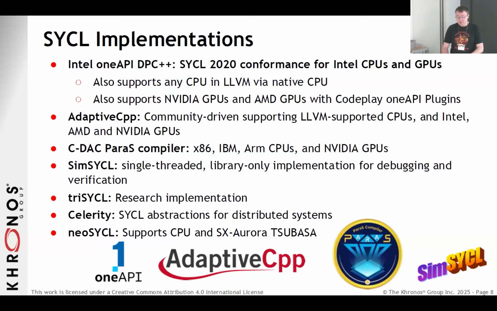It extends some of the abstractions to basically sit on top of an MPI cluster, so you can program GPUs that are distributed too. And then NeoSYCL supports some of the NEC devices. I know there are some weather centers in Germany in particular that have these SX-Aurora cards, and NeoSYCL is a compiler that supports those.